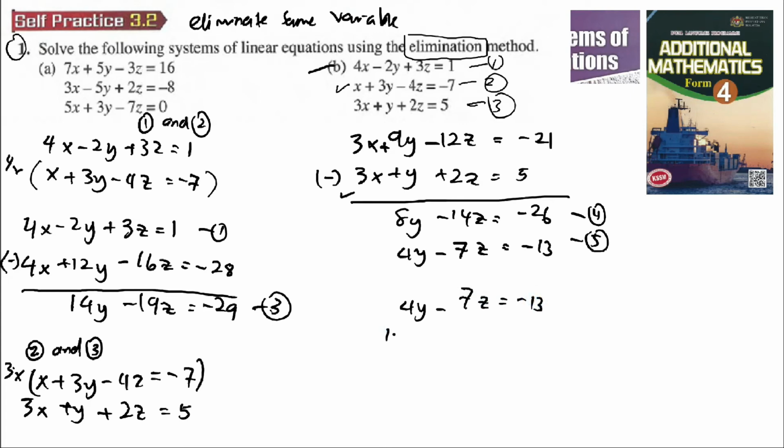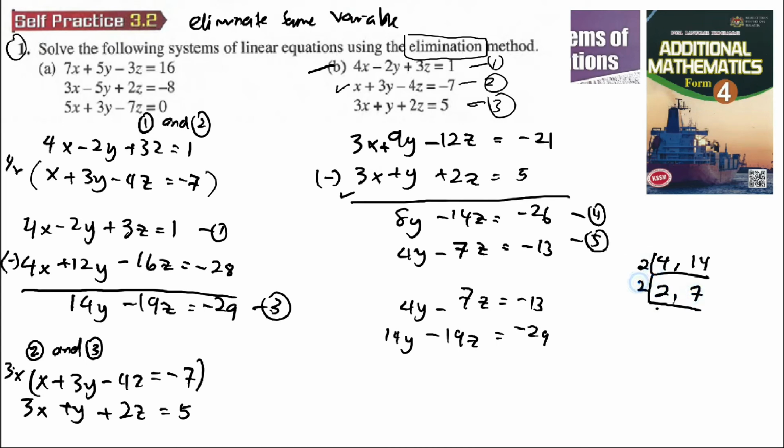So this one I have 14y minus 19z is equal to negative 29. So here you have to make the variable equal so that you can eliminate. So you see here from 4 and 14 I can do the lowest common multiple. So this one you can divide with 2, right? So this one is 2, this one is 7.